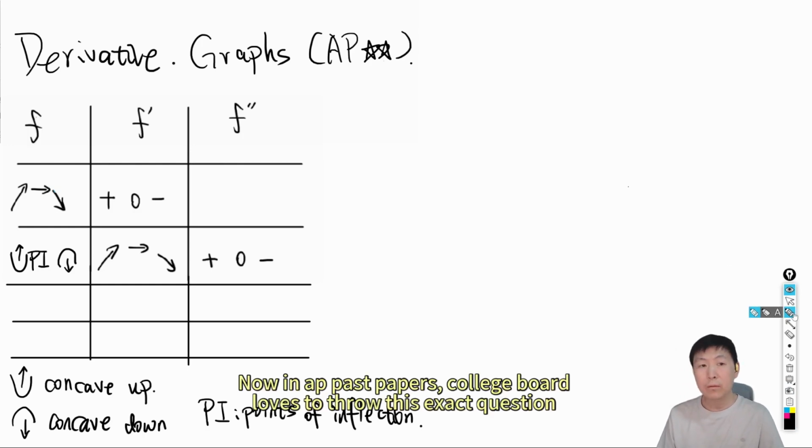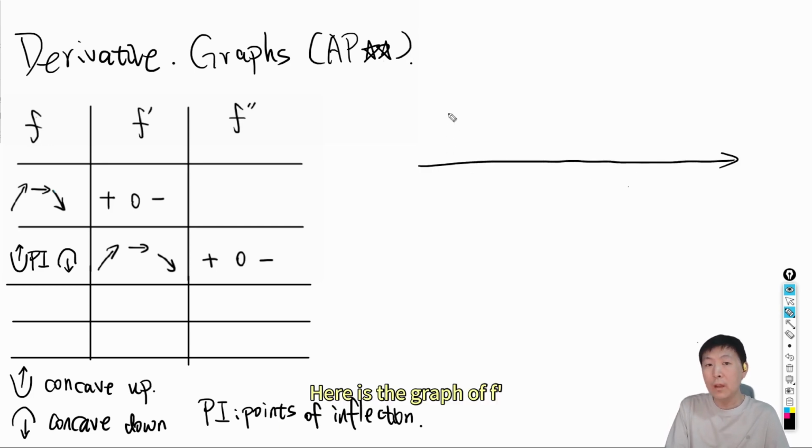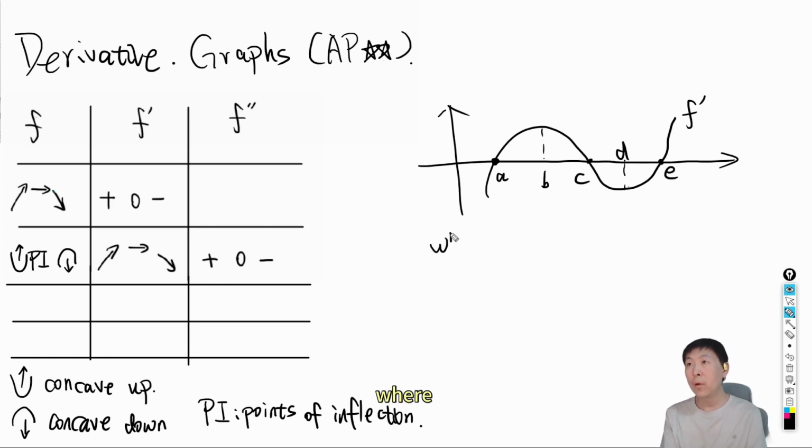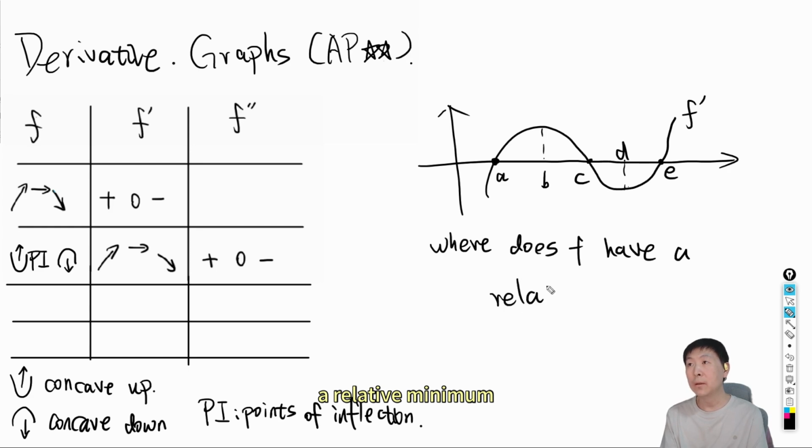Now, in AP past papers, College Board loves throwing this exact question. Here is the graph of f prime with 5 critical x values: A, B, C, D, and E. The question would ask, where does f have a relative minimum?